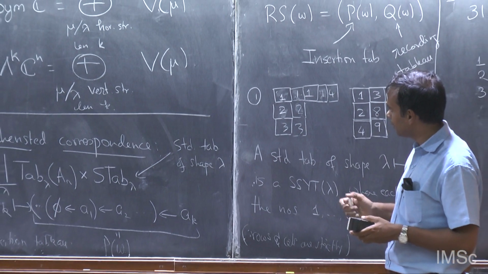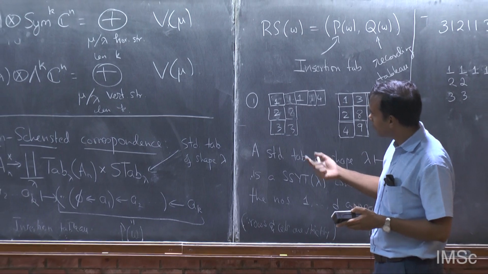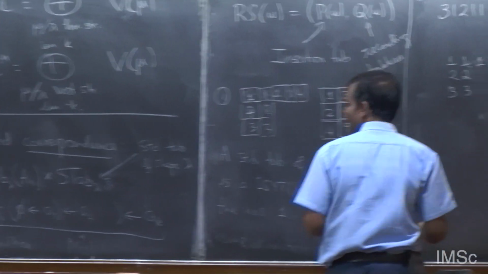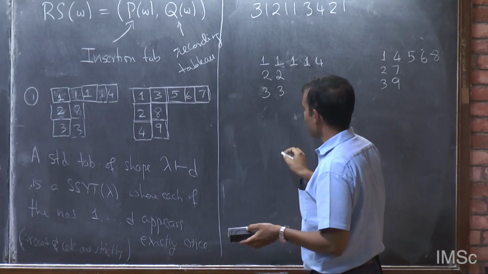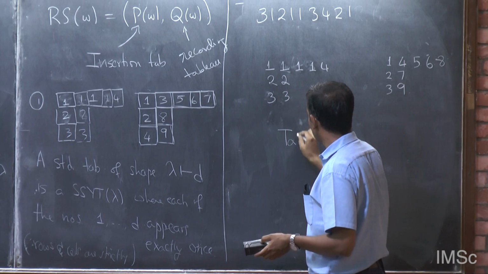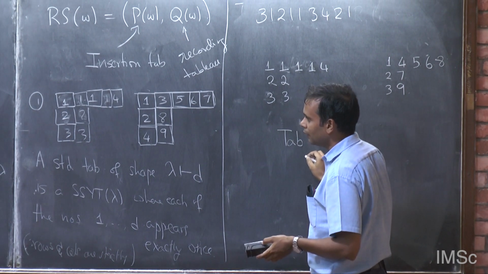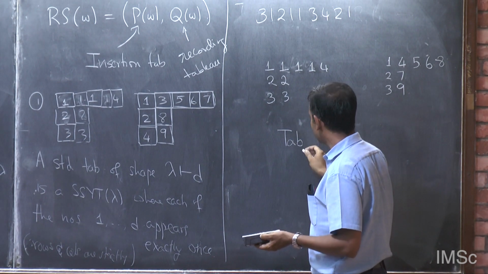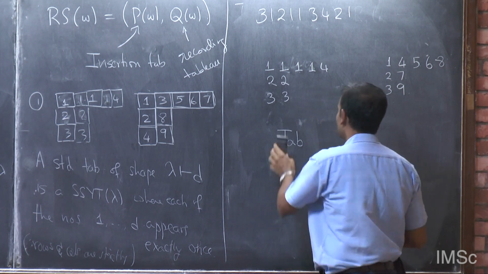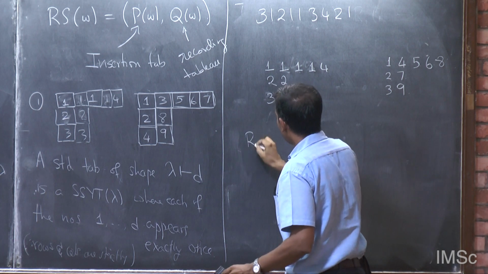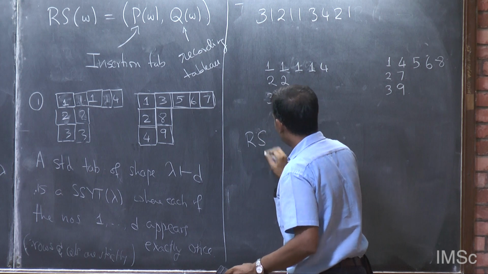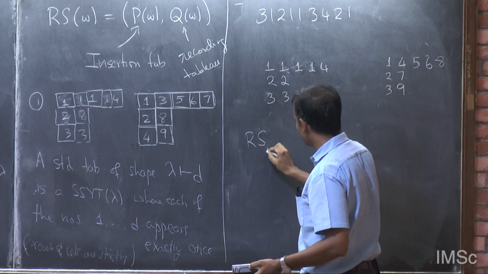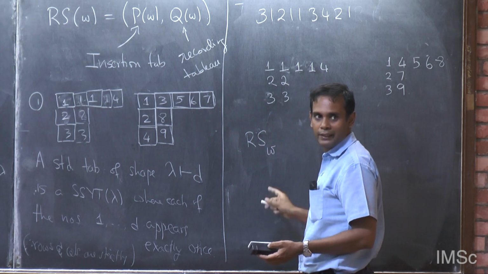So what you're saying is, we say we fix some tableau. Okay, so we have RS, but now it is based upon some W, which is already a tableau.